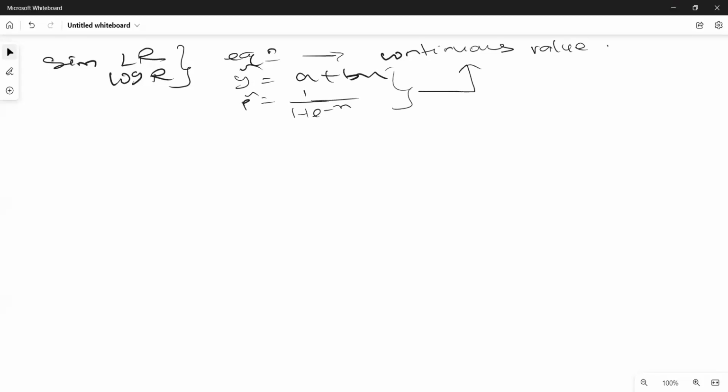They both give you a continuous value. So I can say that linear regression and logistic regression are similar to each other as far as the output is concerned.